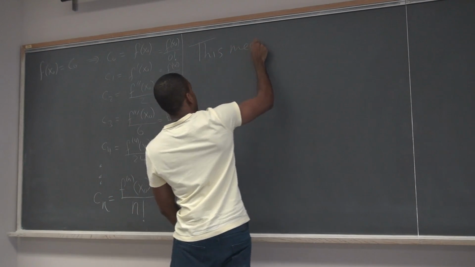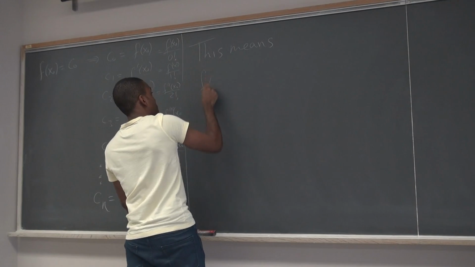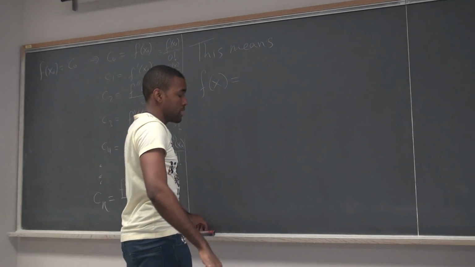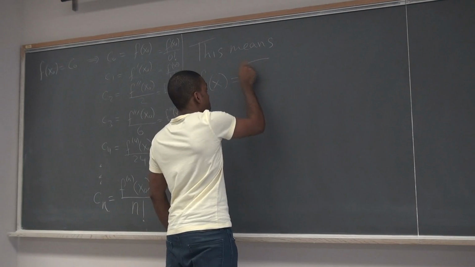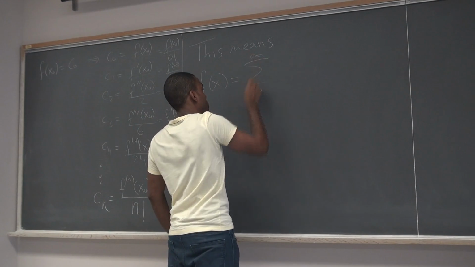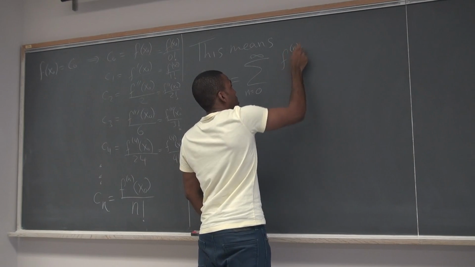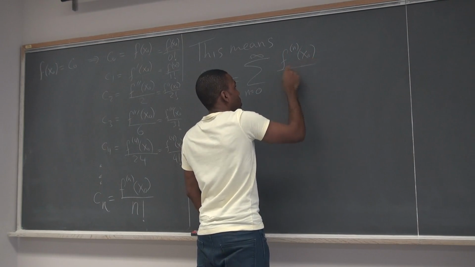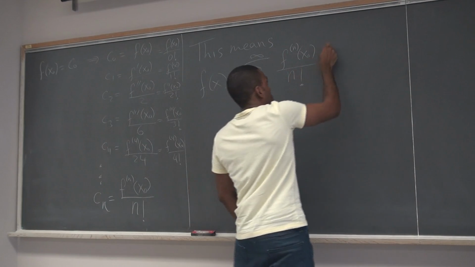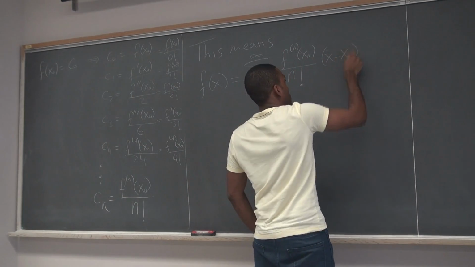This means my f of x, this random function that it is possible to express as a power series, I can actually write it as a sum from 0 to infinity of the nth derivative evaluated at some point over n factorial times (x minus x naught) to the n.